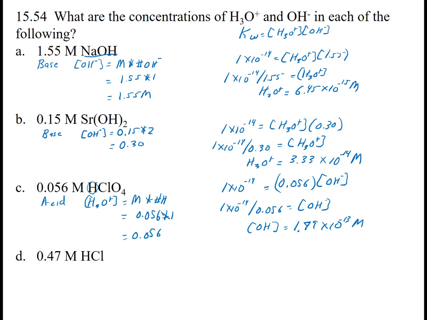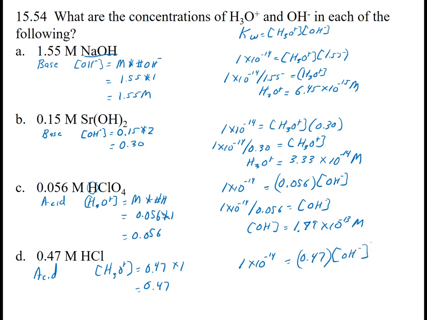And the last one, again, first question, is this an acid or a base? It's an acid. The hydronium ion concentration then is 0.47 times 1 to give me 0.47. And my 1 times 10 to the minus 14th is equal to 0.47 times my hydroxide ion concentration.